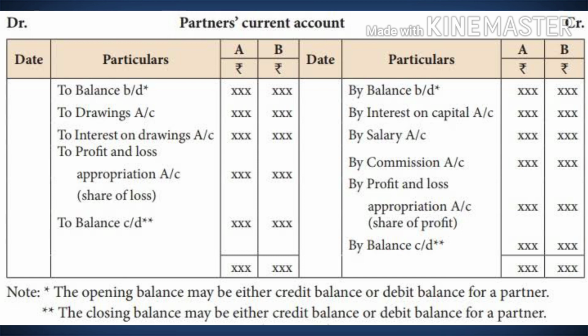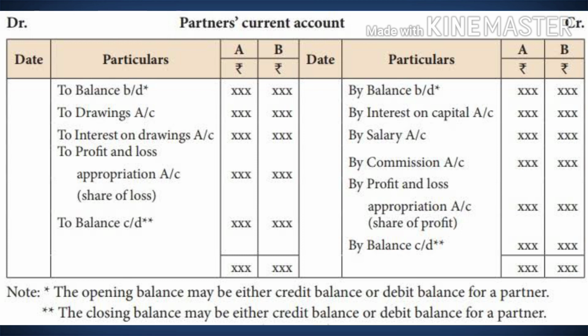Whatever is beneficial to the partner is shown on the credit side. Also, whatever is expenses or losses of a partner is shown on the debit side of this current account. The benefits mean interest on capital, salary, commission, etc. These are the benefits of a partner.